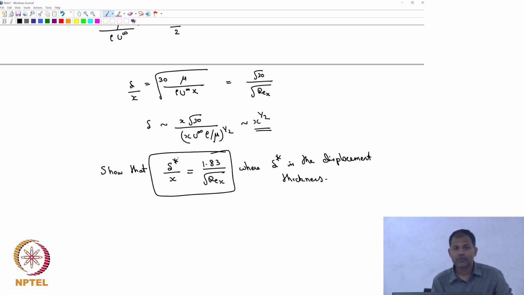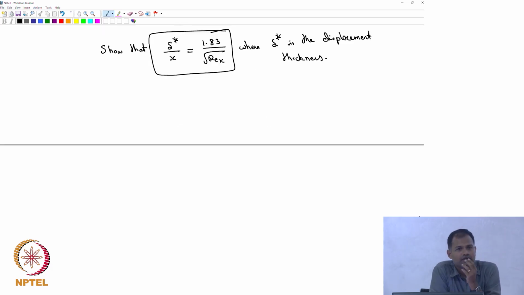Just use the equations that we have already written down and try to manipulate them. So you understand what is delta star, right? It's just delta minus h. We know how delta changes with Re_x, so see whether you are able to get it. It's a useful expression. Okay, any doubts?